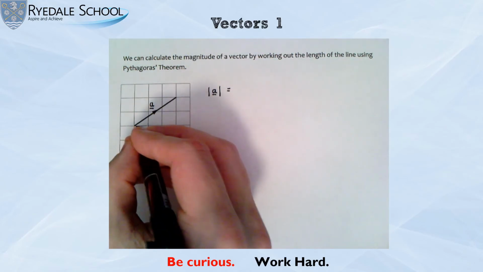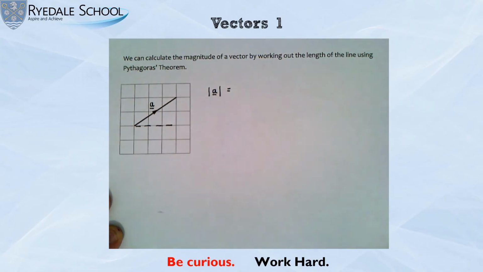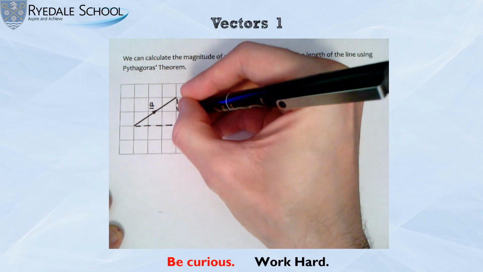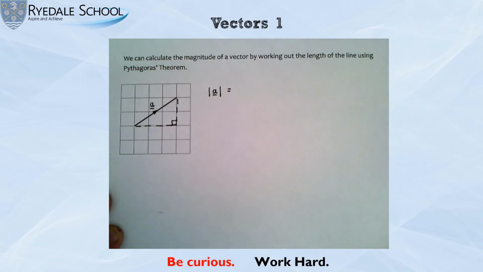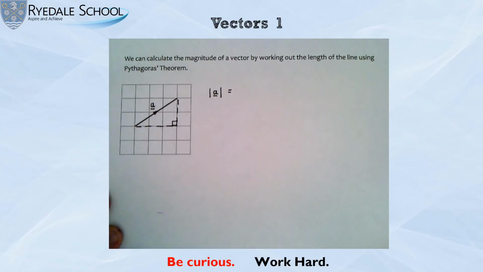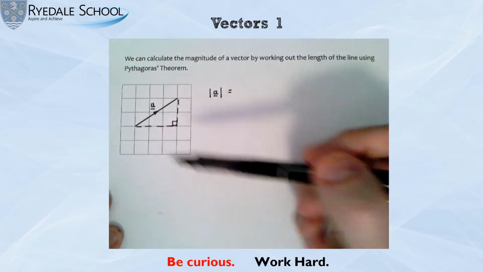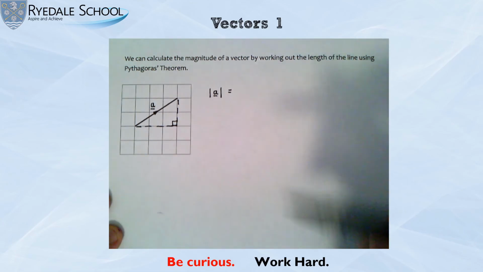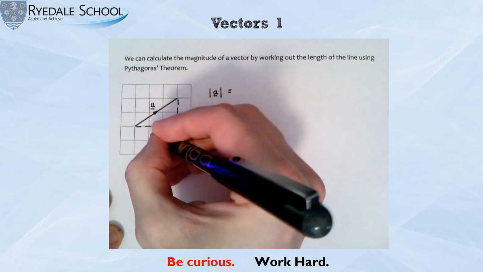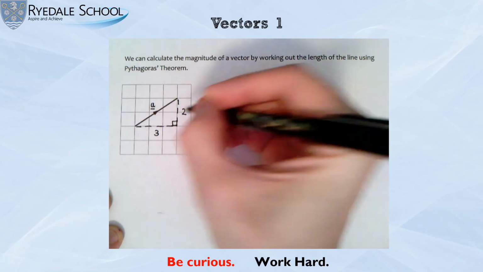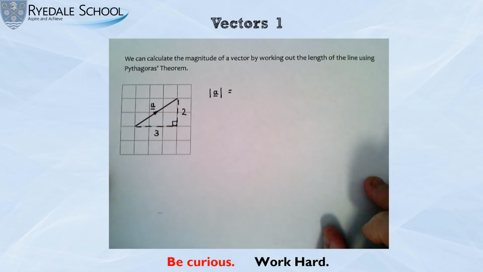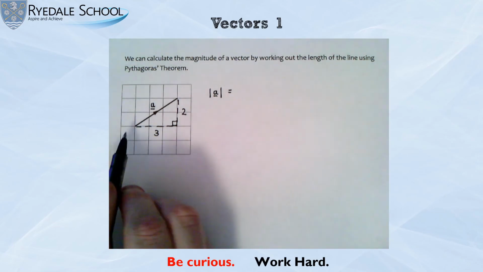And if I draw in that horizontal movement and that vertical movement, we end up with a right-angled triangle. And we know we can find the length of the hypotenuse using Pythagoras' theorem. Okay, so this length is 3.